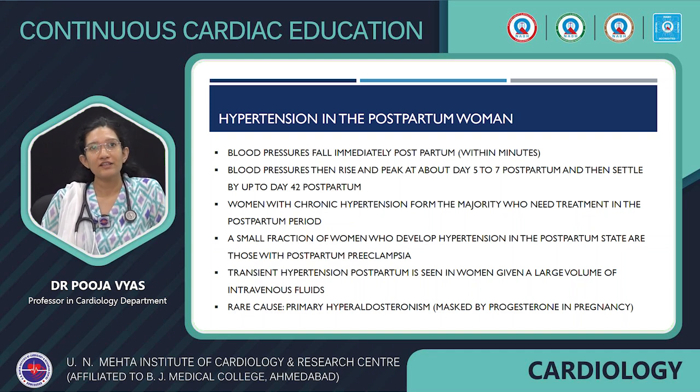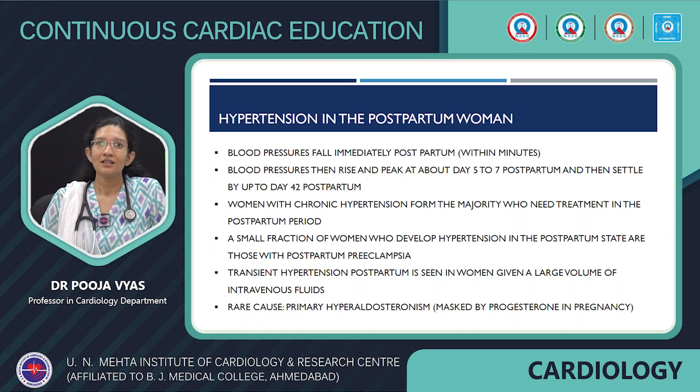And a small fraction of the women who develop hypertension in the postpartum state are those with postpartum eclampsia. Transient hypertension sometimes may be due to a large volume of IV fluid, and a rare cause of hypertension in the postpartum period is primary hyperaldosteronism, which is usually masked by progesterone during pregnancy.